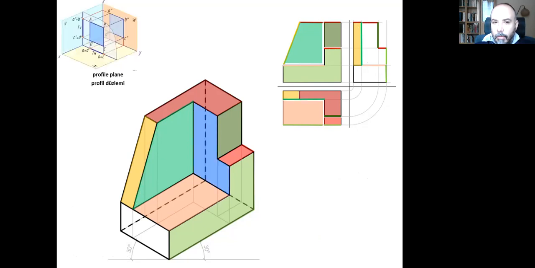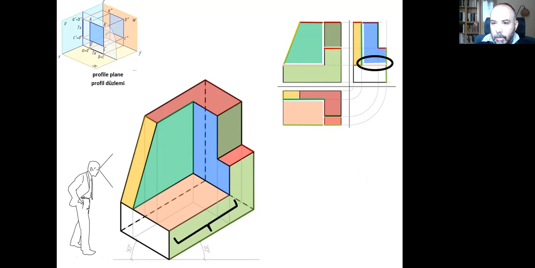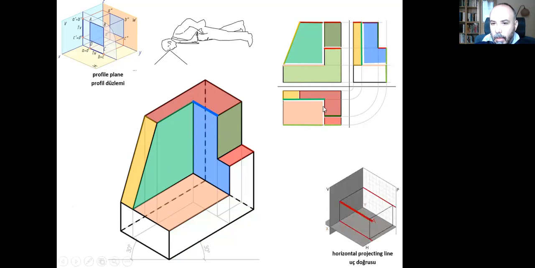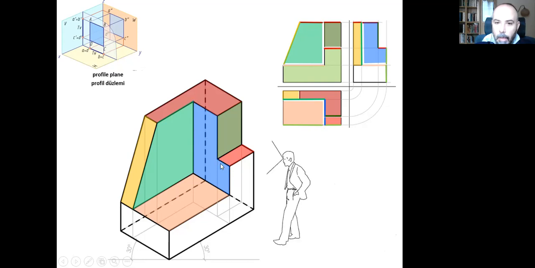Here, when I stand on the left side, I will be looking at this blue L-shaped surface that appears there. And because of that distance difference, I should leave all these gaps. And if I'm standing there, I will notice the edge appearing here and another edge appearing there. And because of that level difference, there should be a gap.